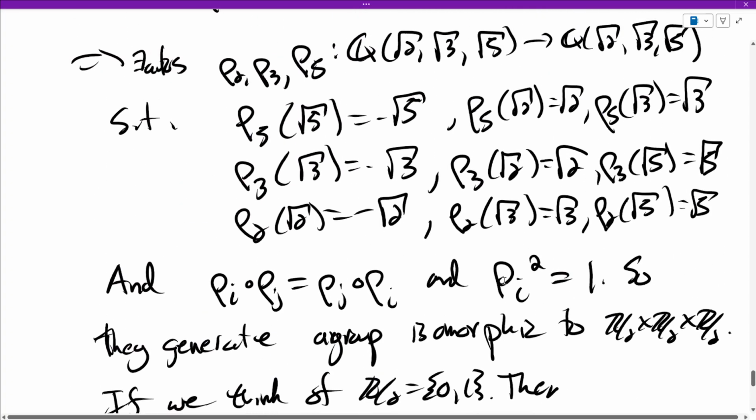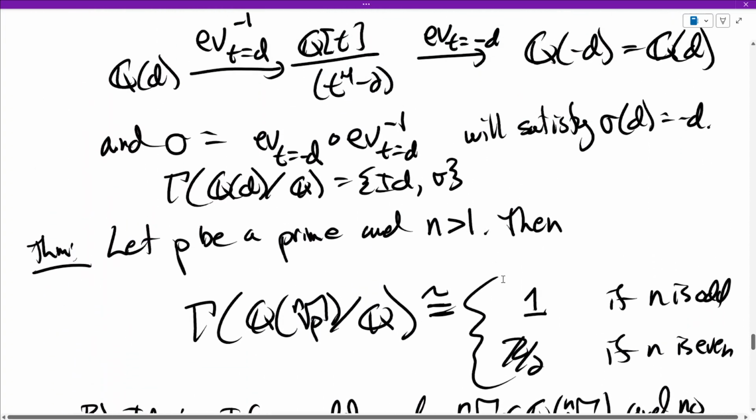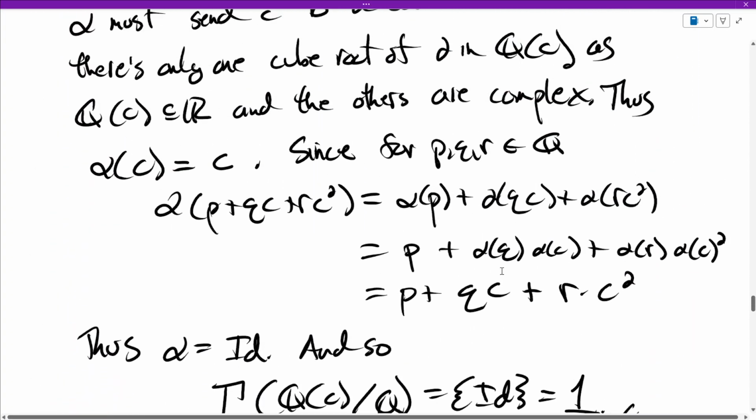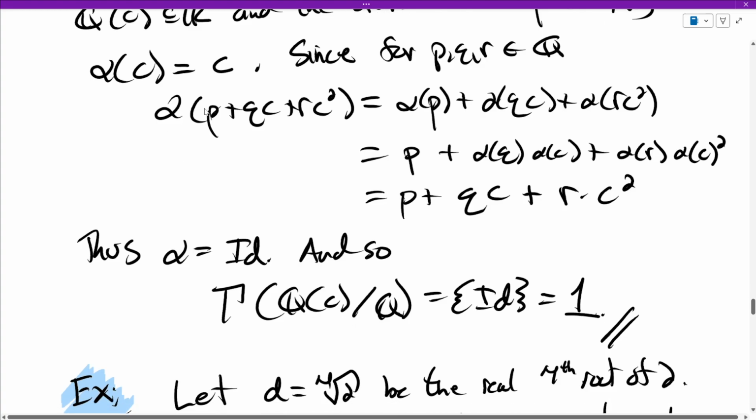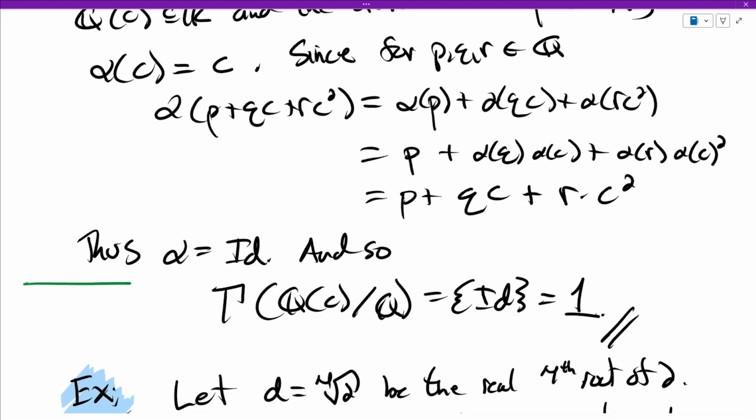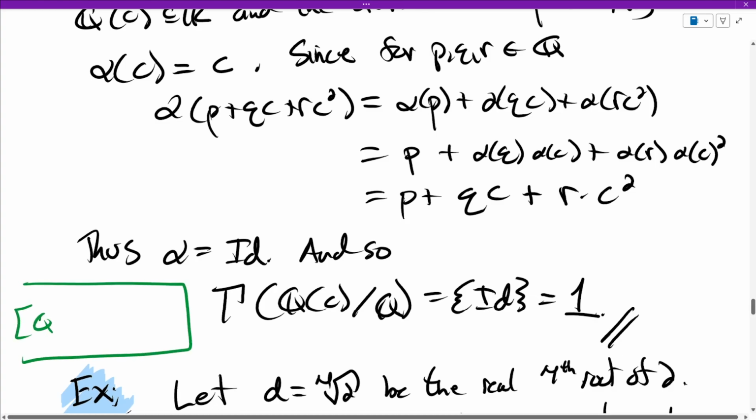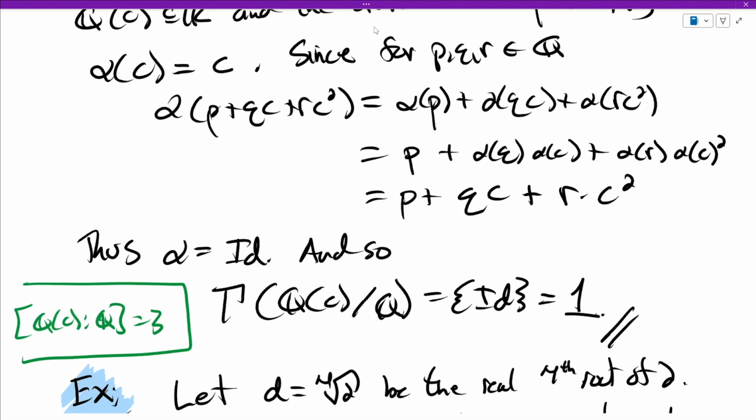Now let's contrast that to the example we did previously, where we did the cube root of 2. The degree of this extension, you put it as a note on the side here, the degree of Q adjoin cube root of 2 over Q is 3, of course, right? Because we add in a cube root. However, the order of the Galois group is 1. It's not 3.